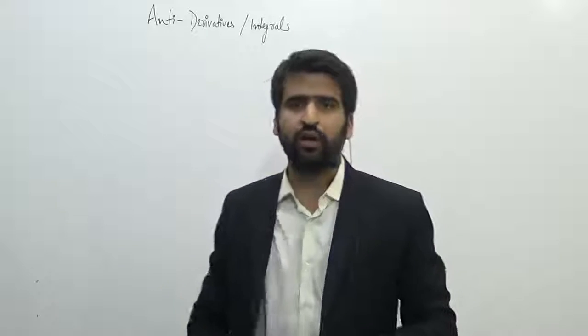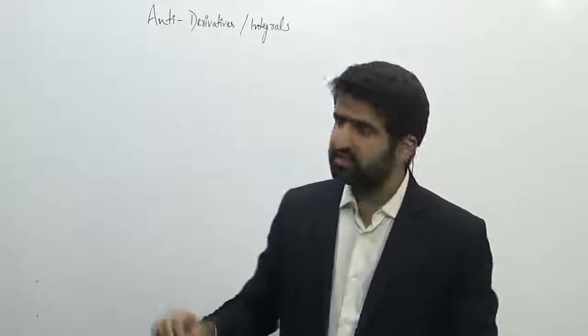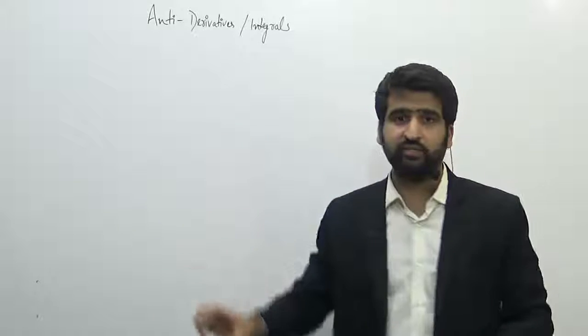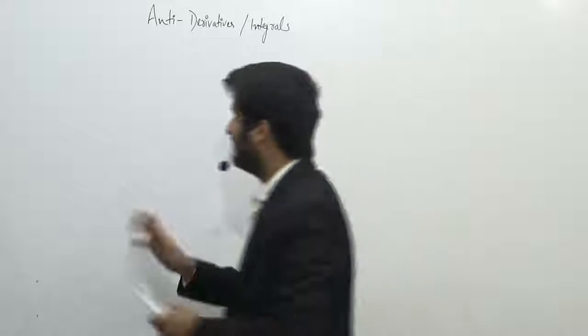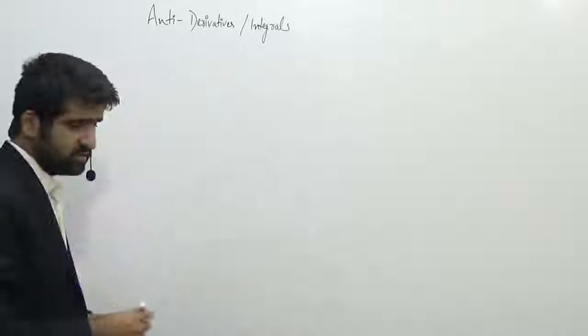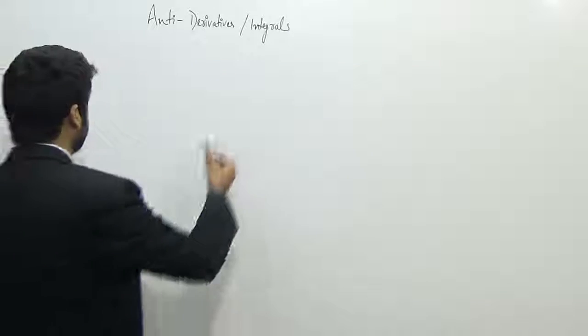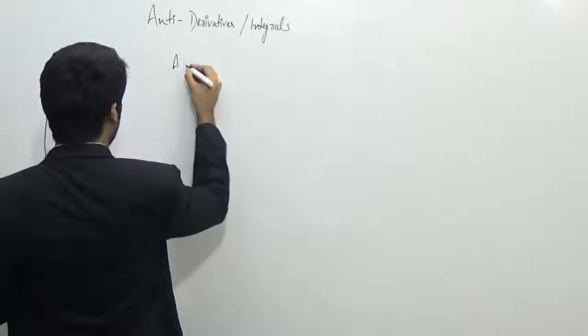We have learned how to calculate the derivatives. Now we'll see how to calculate the antiderivative of a given function. So let's see what I mean by the antiderivative. Guys, first of all, write down the definition, then I'll explain with examples.